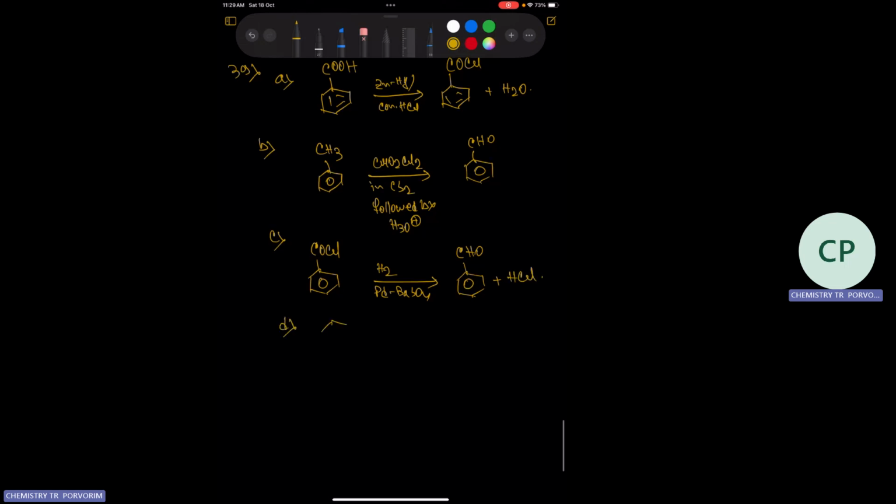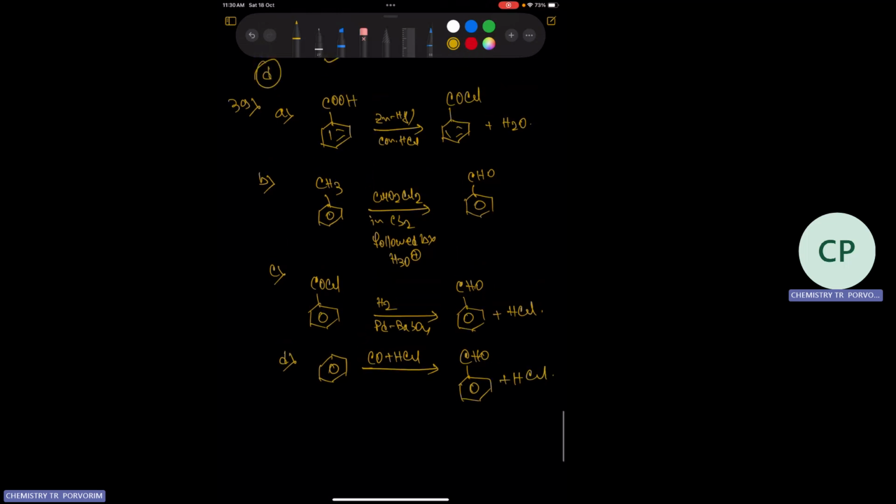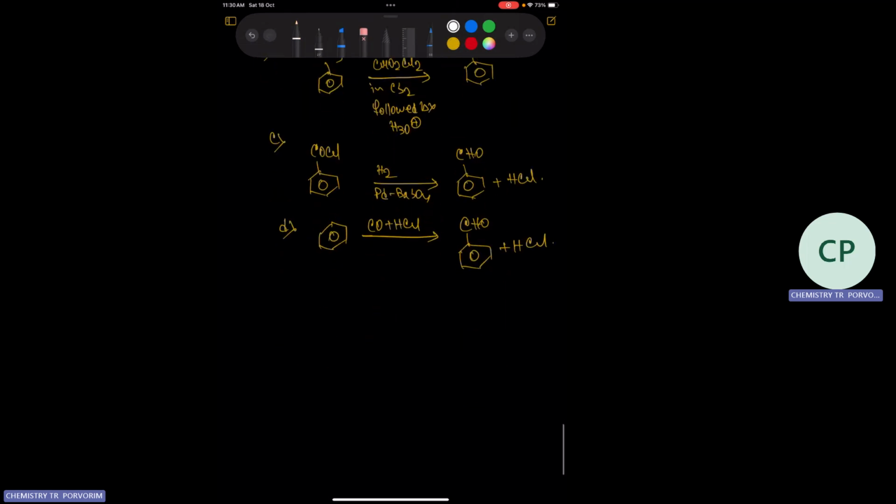D is the Gattermann-Koch reaction, so CO plus HCl also gives aldehyde and HCl. So here the answer should be A, because A doesn't give you benzaldehyde. It gives only acid chloride. That's it.